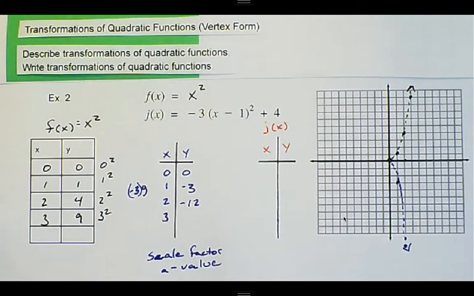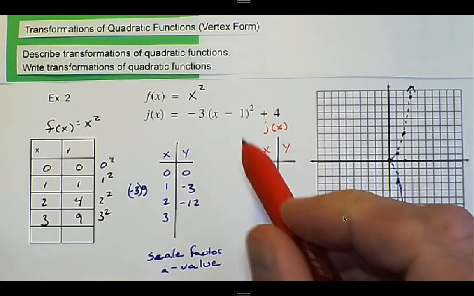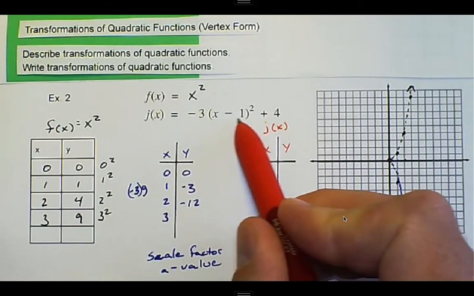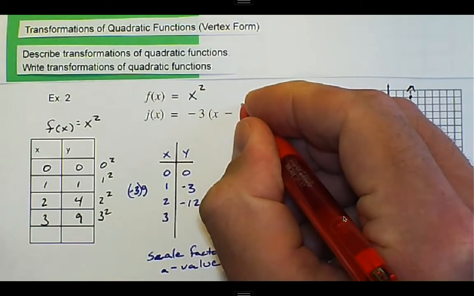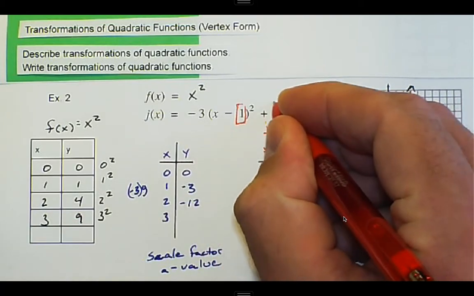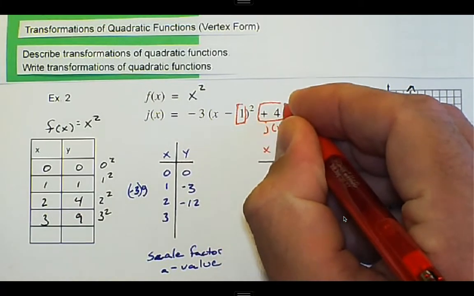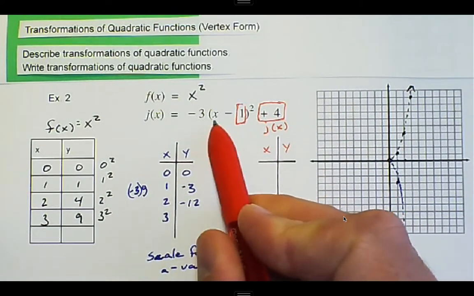Now the last thing we're going to do is the translation. Remember, our vertex is the value that we substitute in here and the value that we substitute in here. So it's always backwards next to the x.